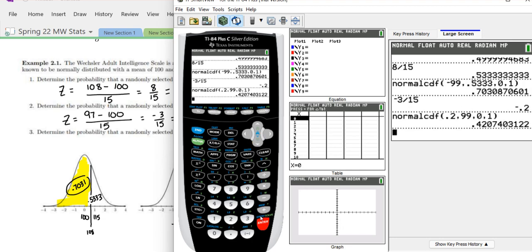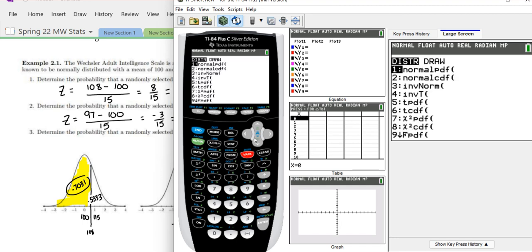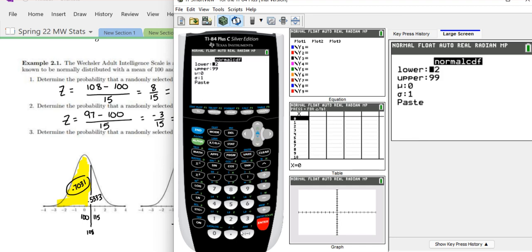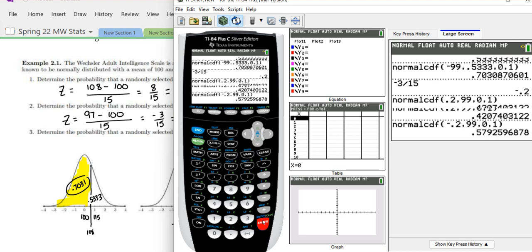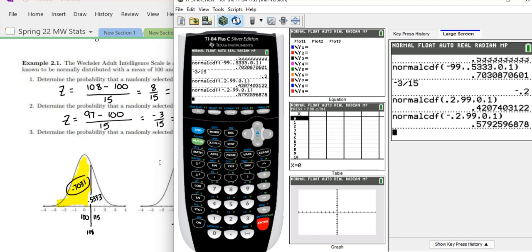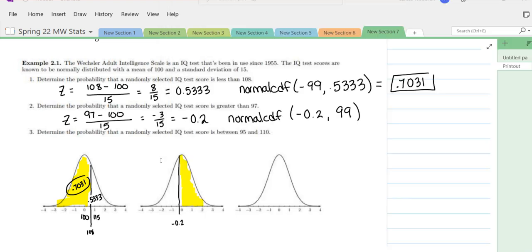I don't think I put that in right. Negative 0.2. There we go. 0.5793.